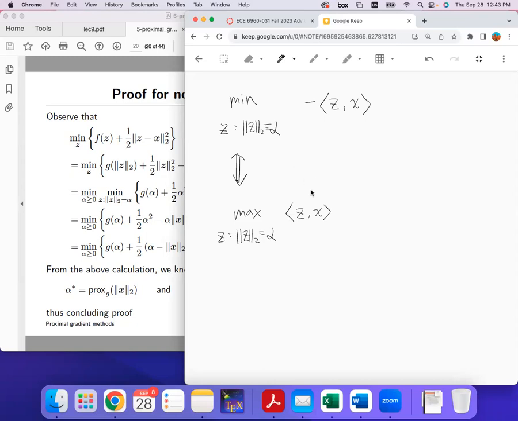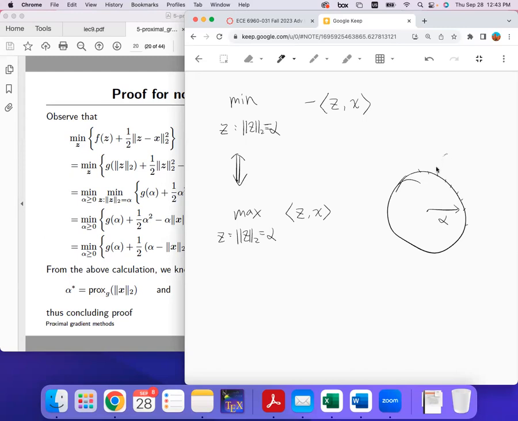And here's the thing, we are maximizing over all possible z's with a constant L2 norm. Now this is like considering all the vectors staying on the ball with radius alpha.